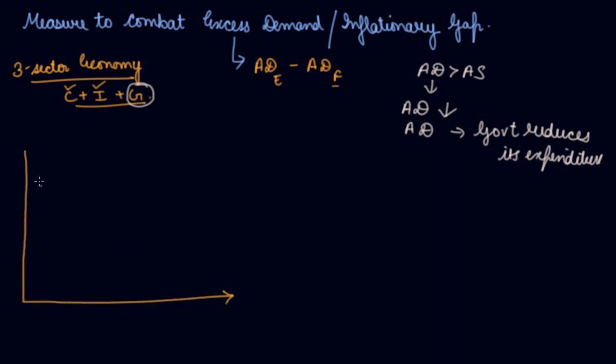This is the graph I'm drawing in which I will show you the excess demand or the inflationary gap. This is your income, right? This is your aggregate demand at full employment level.